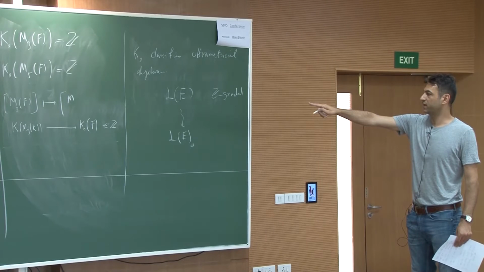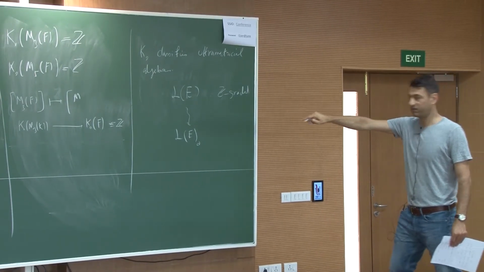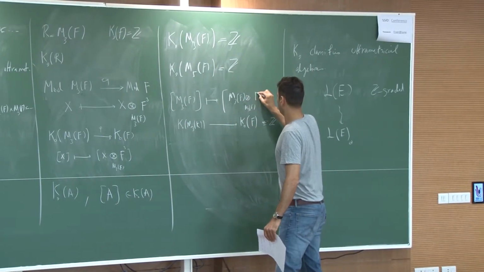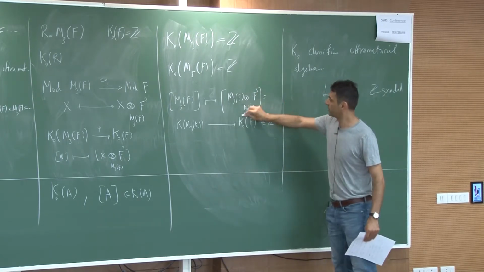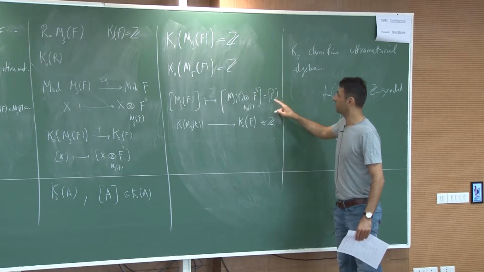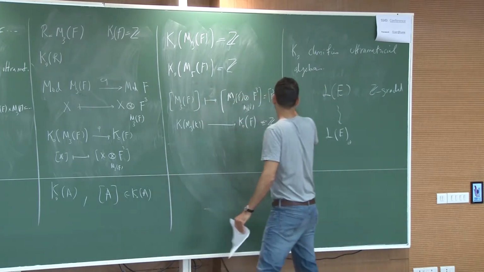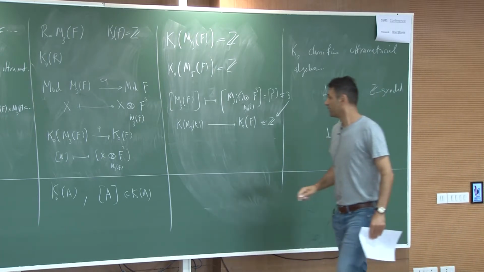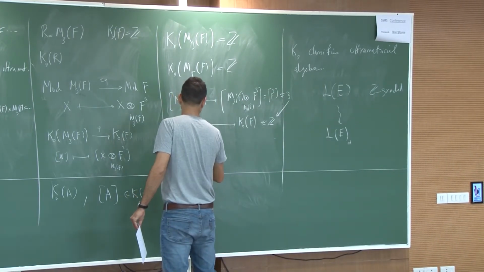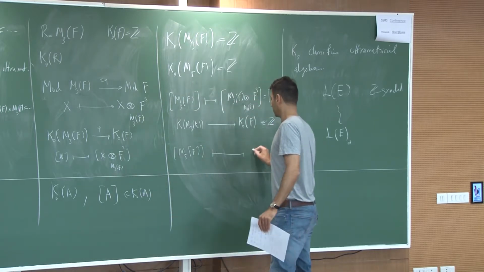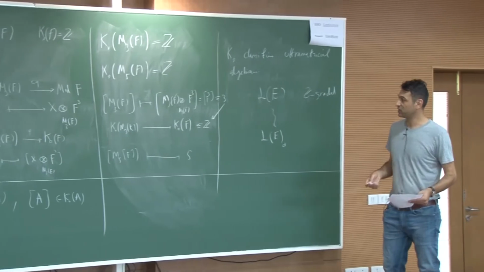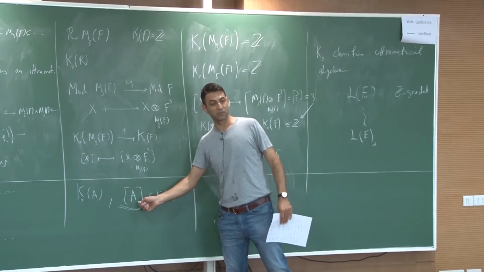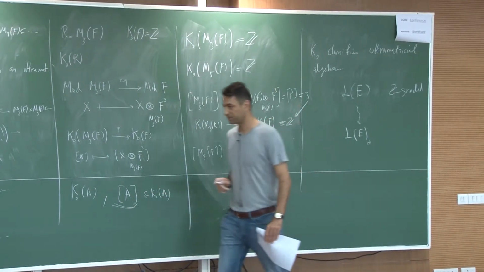Just plug it there instead of A. So I get M3 of F tensor over M3 of F, F^3, but I know from Morita theory that they cancel, so you get 3 copies of F. And it's represented by 3 here, so 3 copies of F is 3. So that gives you the clue, because then M5 of F in the next one goes to 5. So in order to do the classification, not only do I need K0, I need to carry with me this order unit also. So I have to keep track of that. That gives me the dimension.